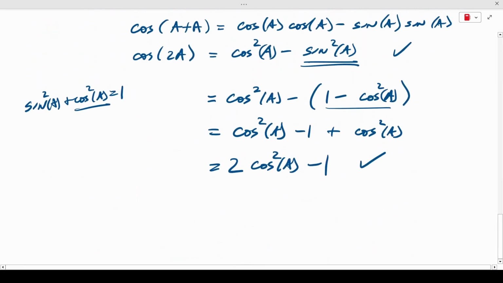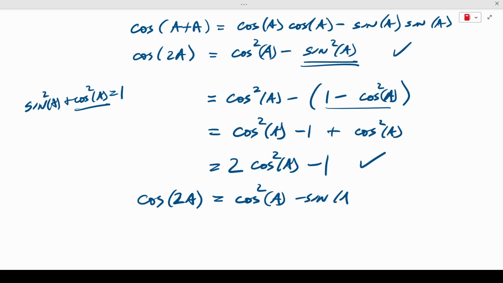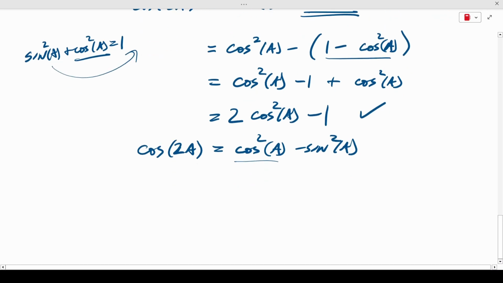I'm going to write that cosine of 2a is cosine of a squared minus sine of a squared from this line up here. Okay. And I'm going to replace the cosine of a squared with 1 minus sine of a squared.